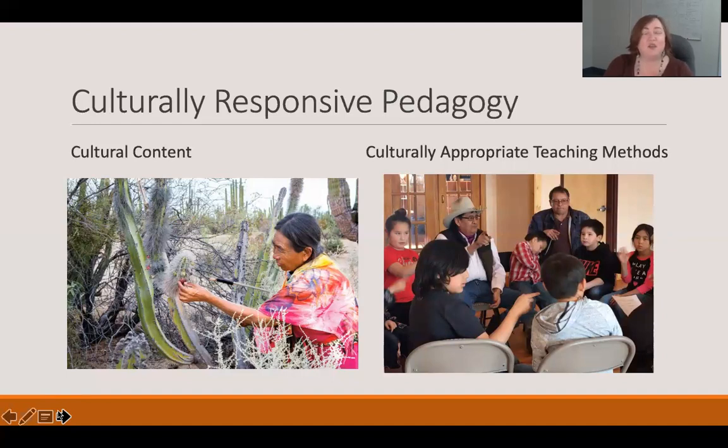Language in the wild, language as it was meant to be used to communicate about things rather than as a topic of instruction. And then on the right, we see an example of how you could have people engaged in total physical response in language learning methods that are culturally appropriate, so that you are not offending and you're not alienating people within your culture.